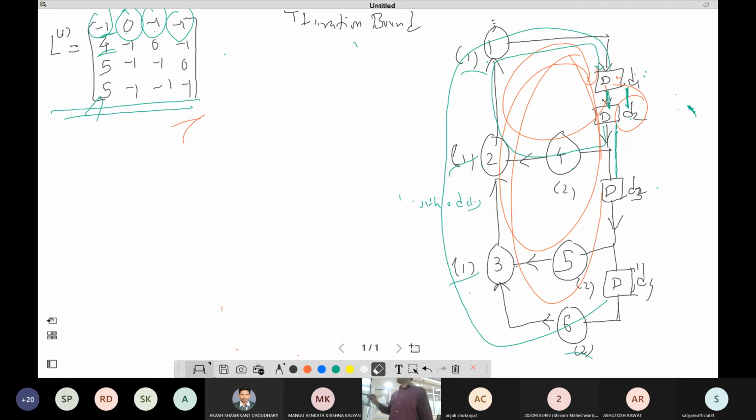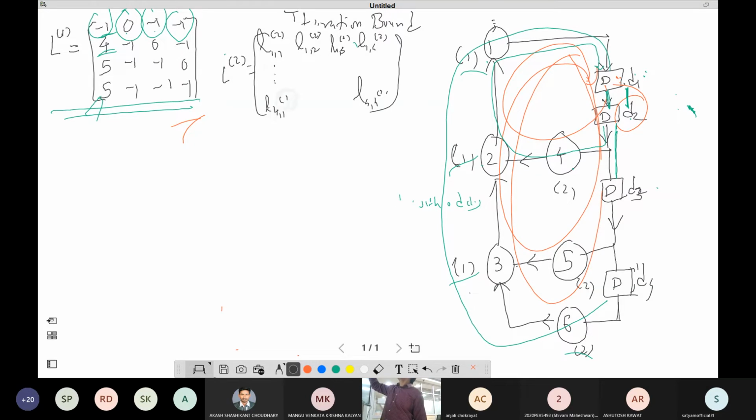So now we are interested in L2. So for L2 again, I have L112, L122 up to L442. So that means L132, L142 and L412 like this.